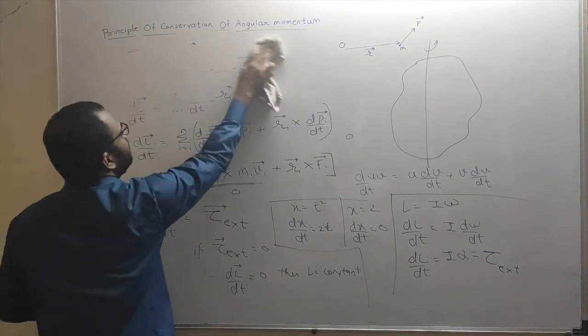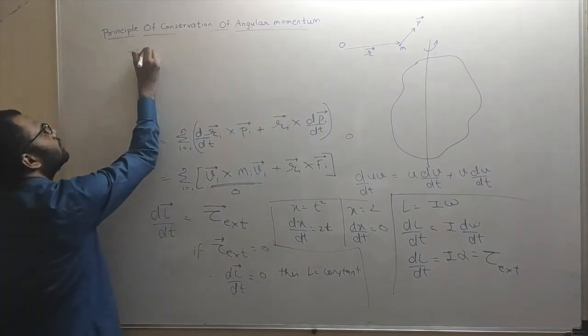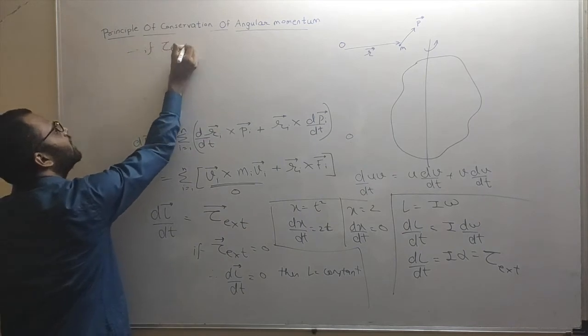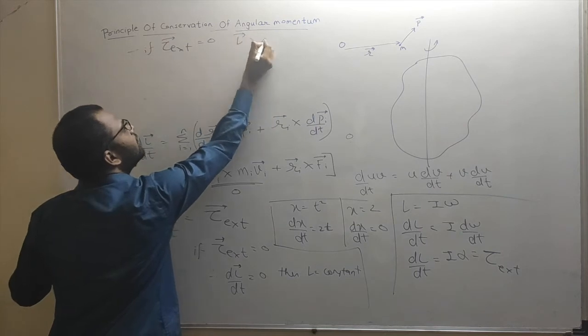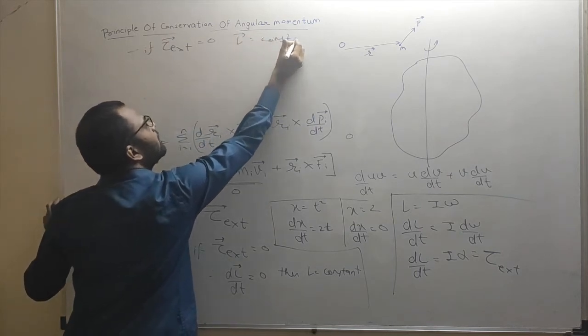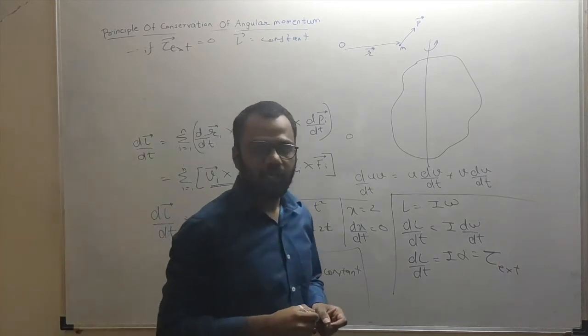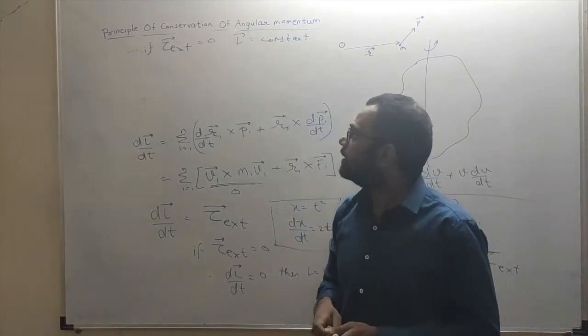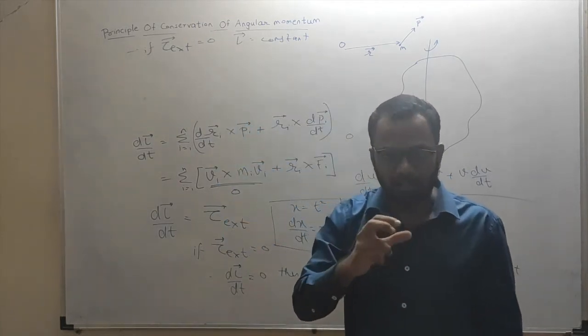As we have seen, if external torque is 0, then L is constant. This is nothing but the principle of conservation of angular momentum, which says that if the external torque acting on the body is 0, its angular momentum is conserved.